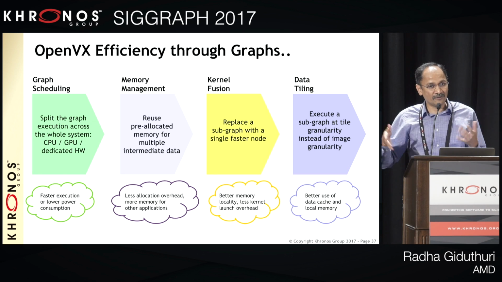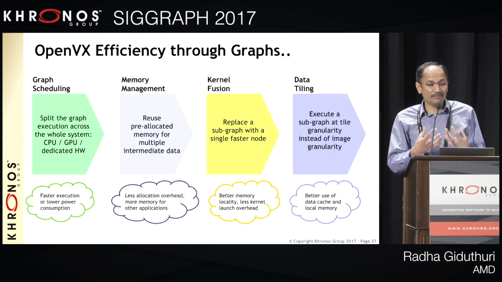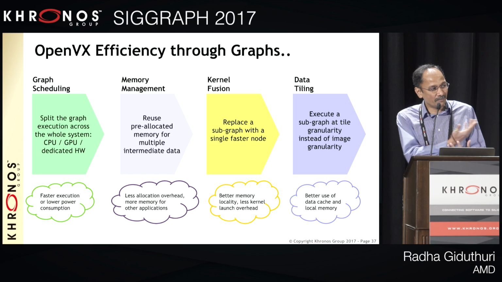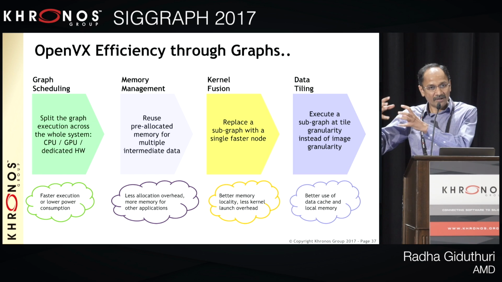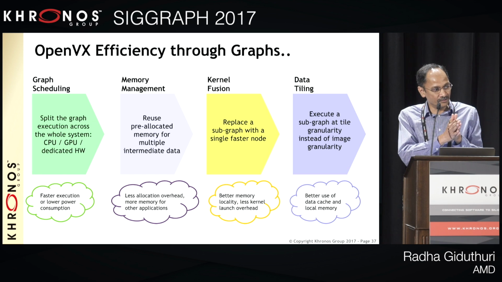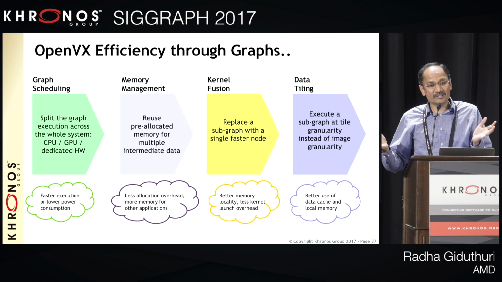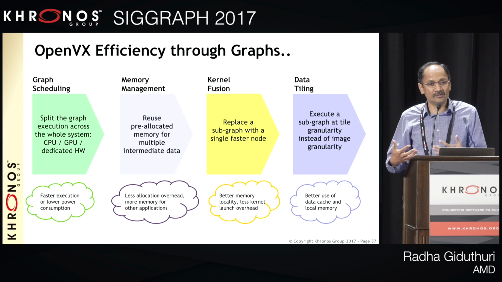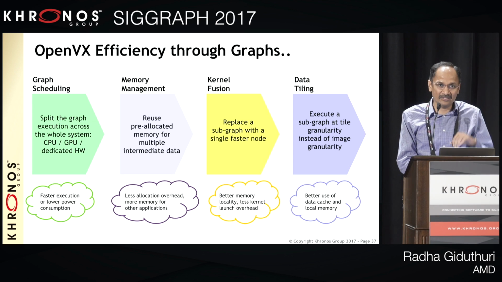If they want to run a filter followed by some other kind of functionality, an implementation can look at it and say the whole pipeline is data parallel up to this point, and it can say, I'm going to pull up part of the data that fits into the local memory or whatever it is, run the pipeline as far as it can go, and then pull the next tile and go through it. So an implementation, basically a vendor, gets a choice to look at the whole graph and try to do a lot of optimizations, which is otherwise a lot of overhead for an application developer to do.